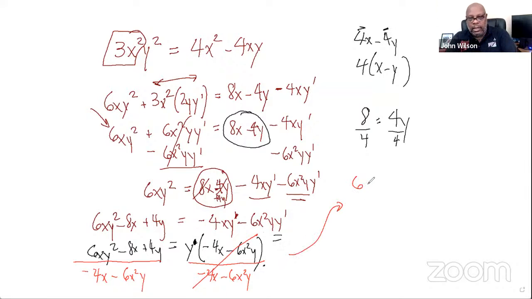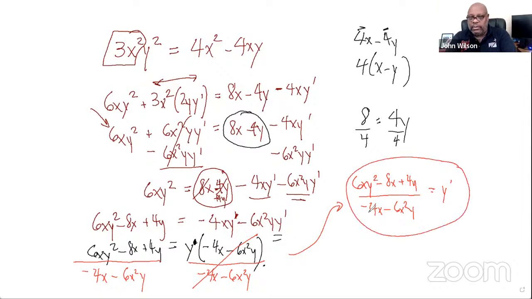We get 6xy squared, better copy it down right, minus 8x plus 4y all over minus 4x minus 6x squared y equals y prime, which you can see is a function of x and y over here, isn't it? Okay. This problem is about as hard as it gets. Fortunately, every problem won't be like that on your test, but it's a problem they can expect you to be able to do.